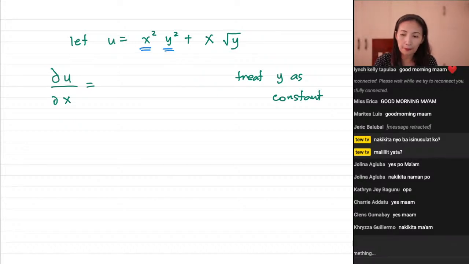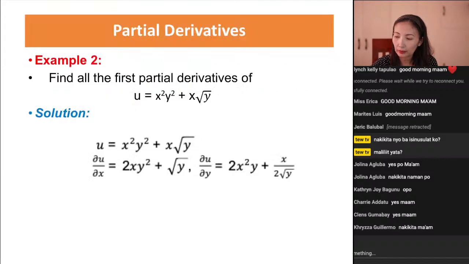So, what will it be? The derivative of x squared is 2x and then the constant y squared, plus the derivative of x is 1 and the constant square root of y. Let's check. Correct. 2x y squared plus the square root of y.